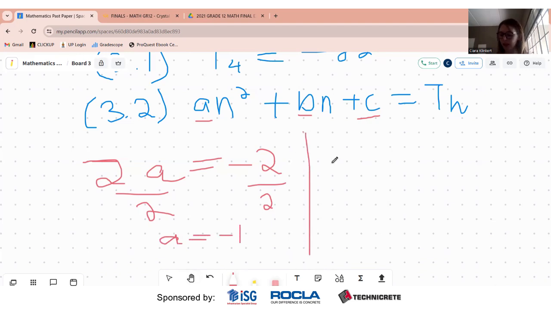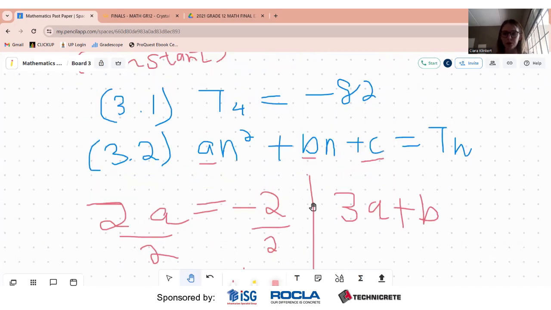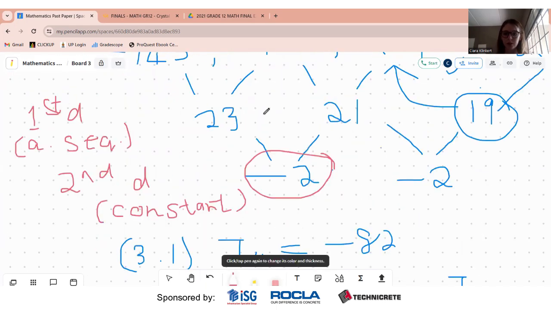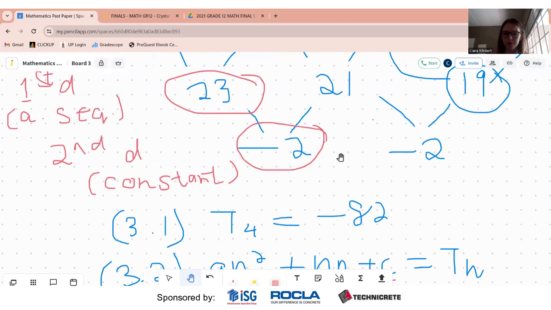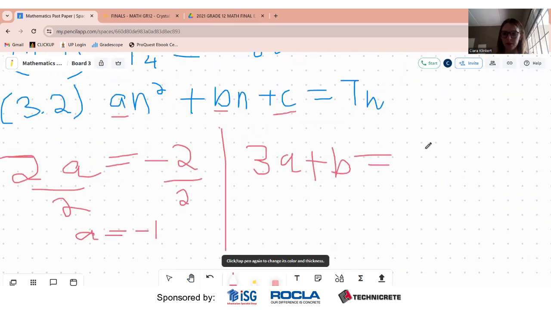Then you say that 3a plus b must equal the first difference. So this one over here, 23. Do not use this 21 one or this 19 one. Otherwise, you will get a weird answer. So that has to equal 23.